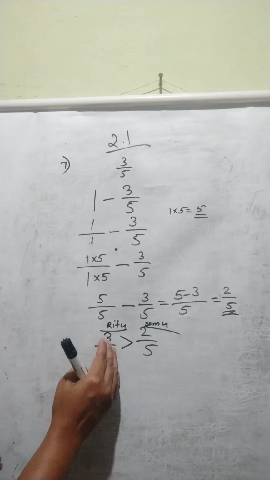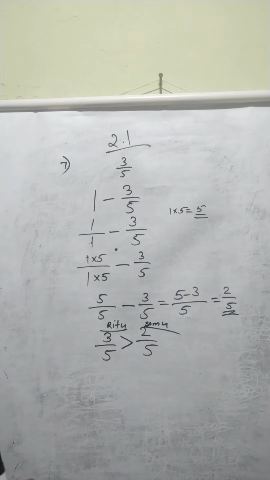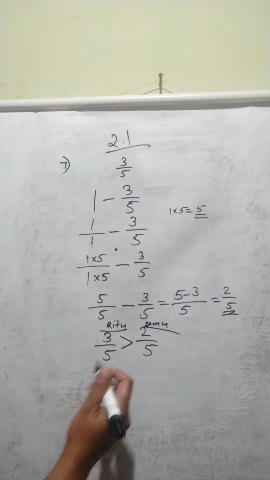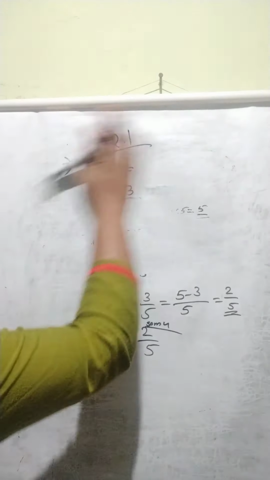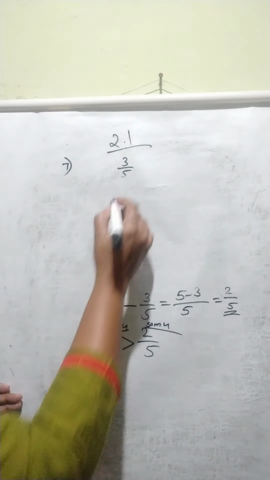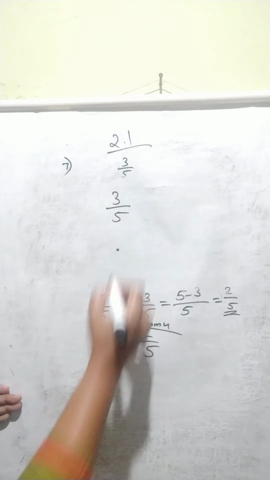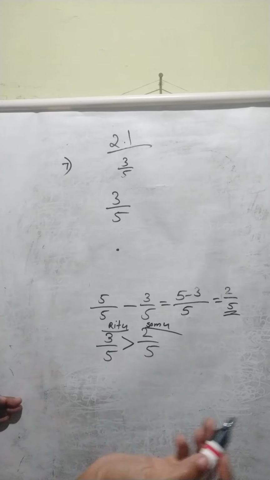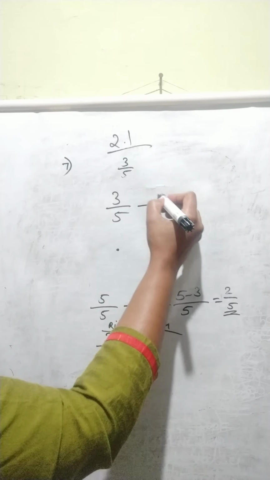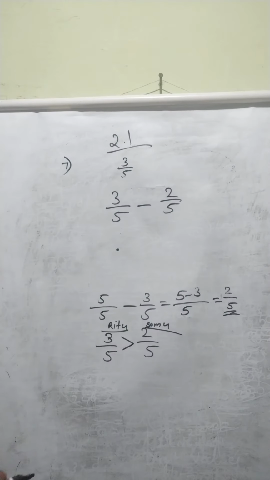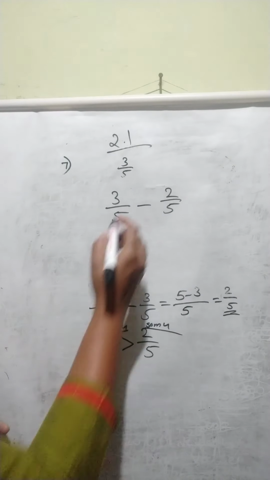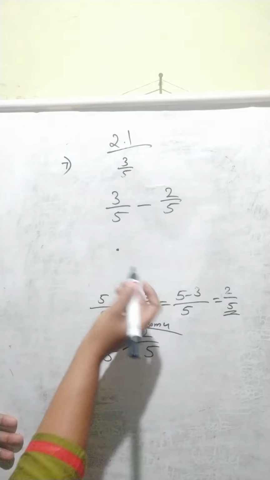So we can find, Ritu got 3 on 5 and Somu got 2 on 5. We can say Ritu got 1 piece extra, so he got 1 on 5. Actually, how can we find it in the mathematical way? Ritu got more pieces, that is 3 on 5. How much more? How can we find out? By subtraction, the smaller number from the greater number. So we can find the difference between these two. These are like fractions.